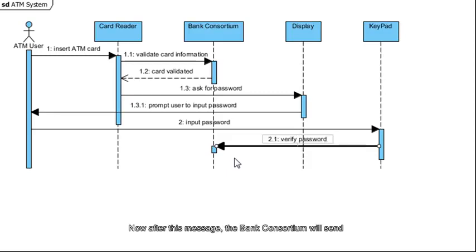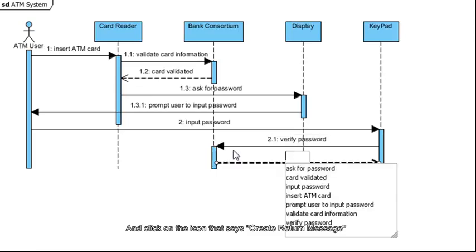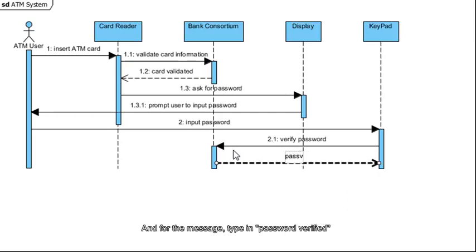Now after this message, the Bank Consortium will send a return message back to the keypad. So to do that, just click on the arrow here and click on the icon that says create return message, and then you'll get a return message arrow. And for the message, type in password verified. Press enter.